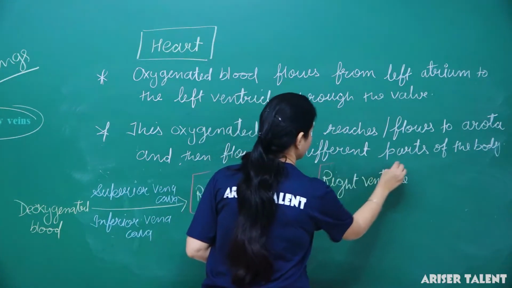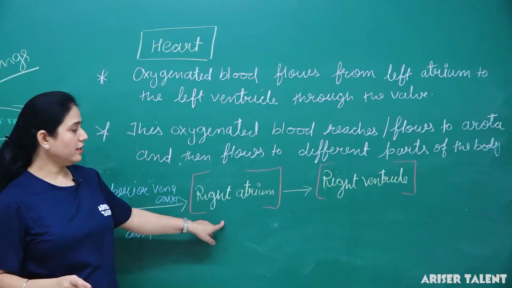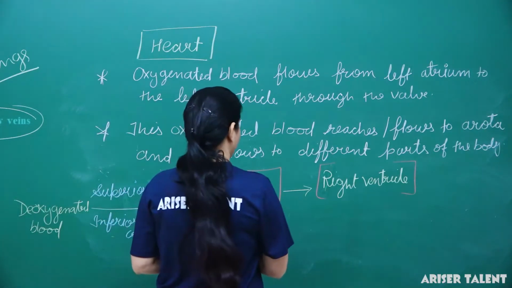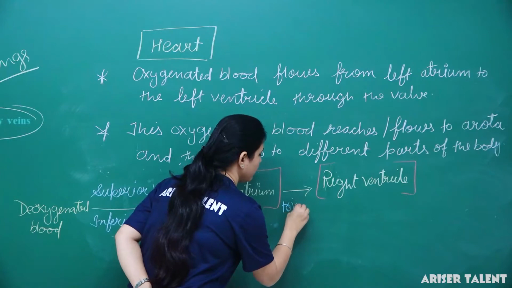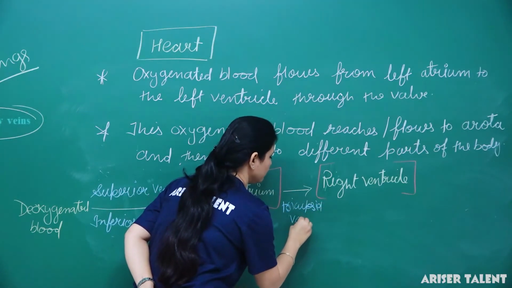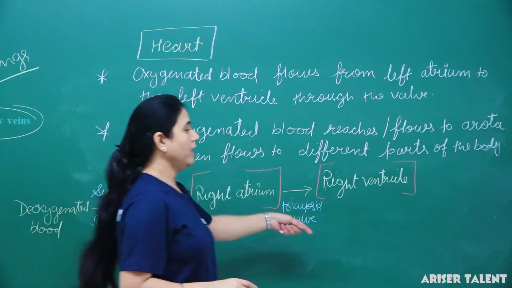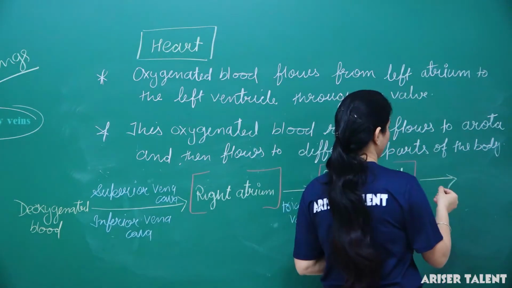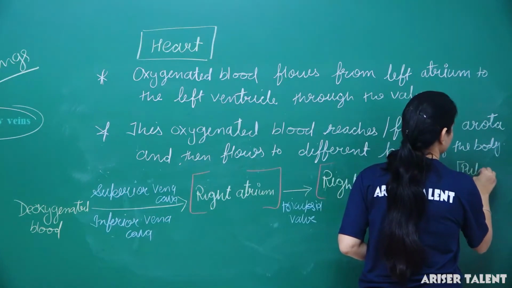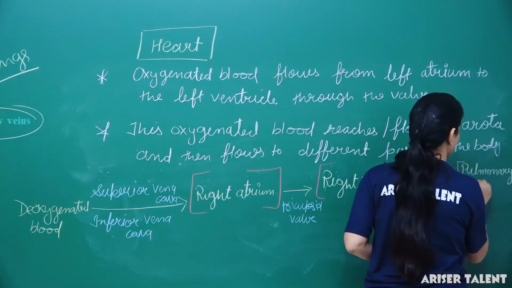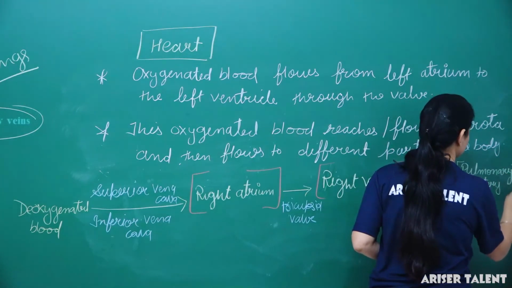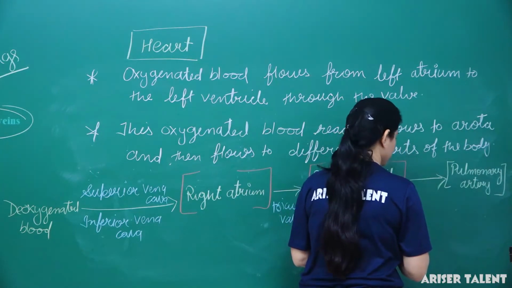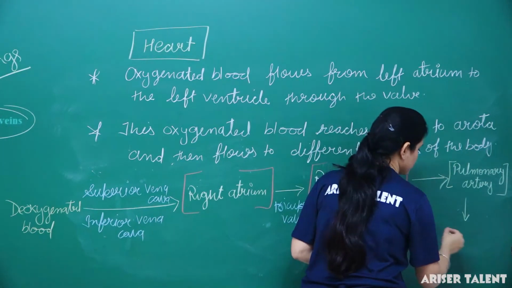Deoxygenated blood reaches from the right atrium to the right ventricle through the tricuspid valve. From the right ventricle it reaches the pulmonary artery, and from the pulmonary artery it goes to the lungs.